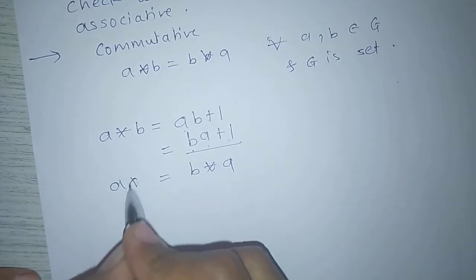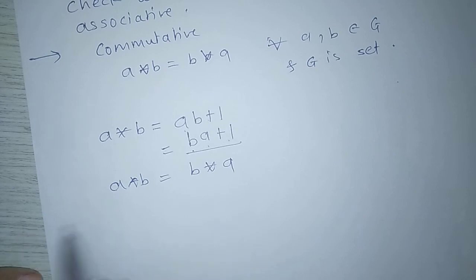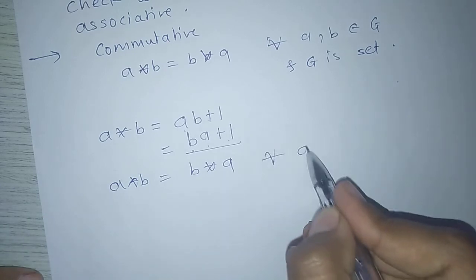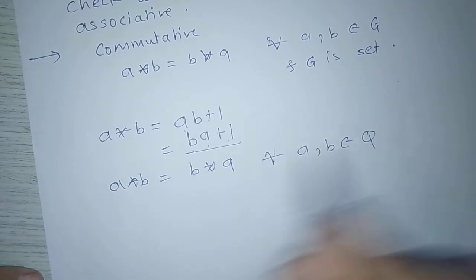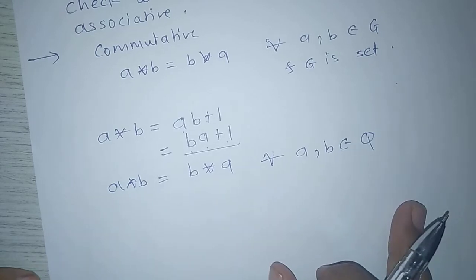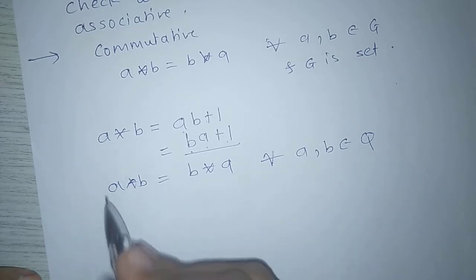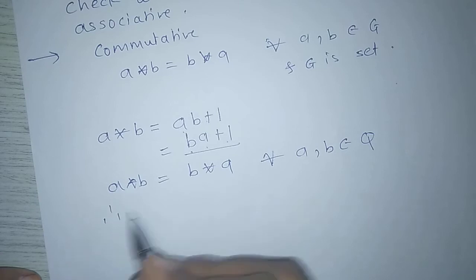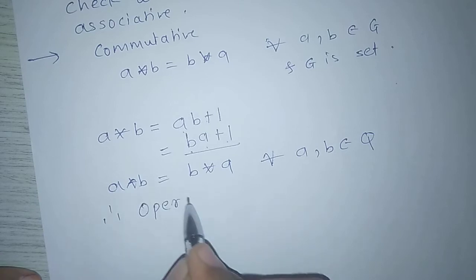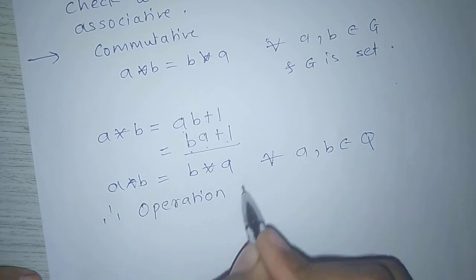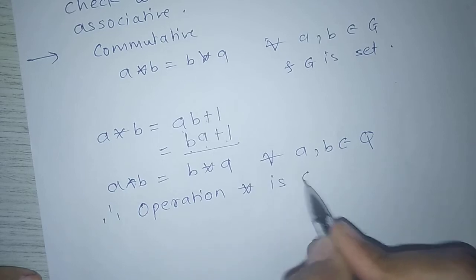Therefore, A star B equal to B star A for all A, B belonging to Q, the set of rational numbers. Therefore, the operation star is commutative.